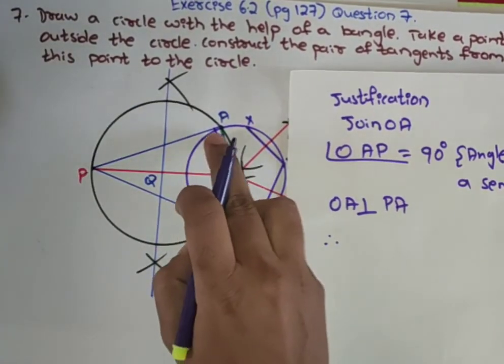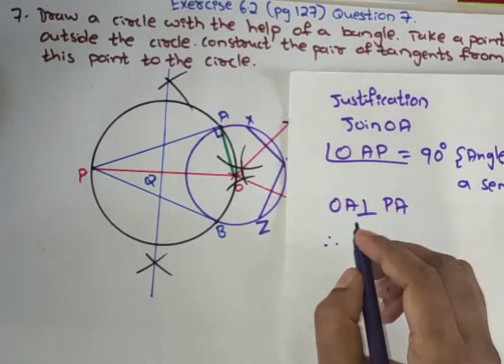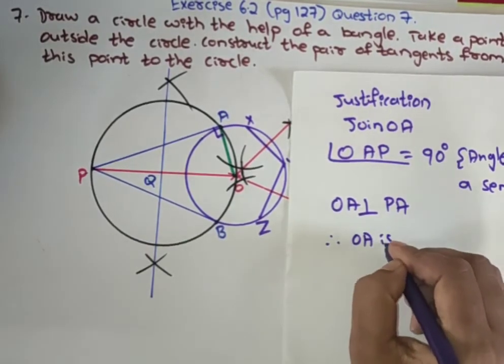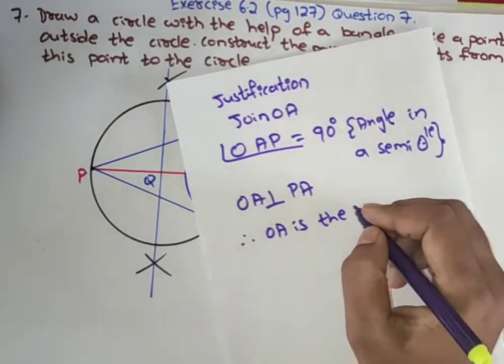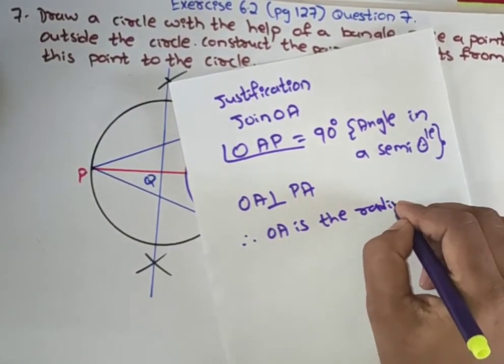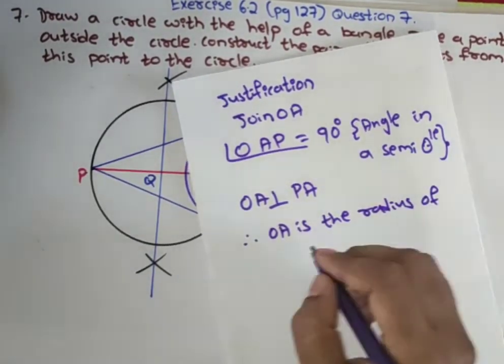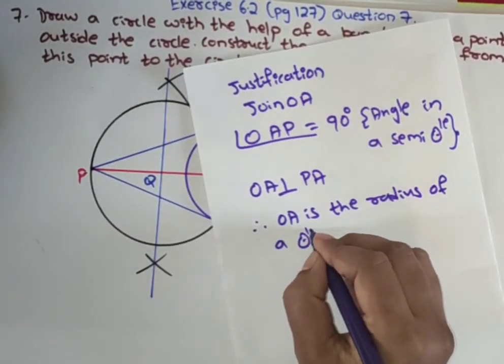Therefore, if it is perpendicular, OA is what? OA is the radius of the circle.